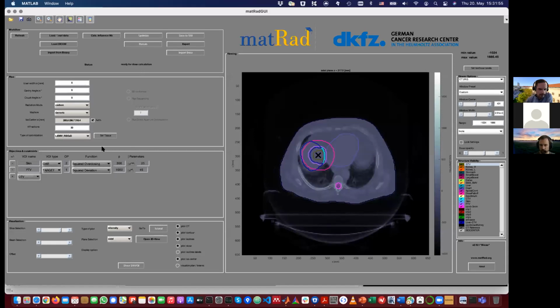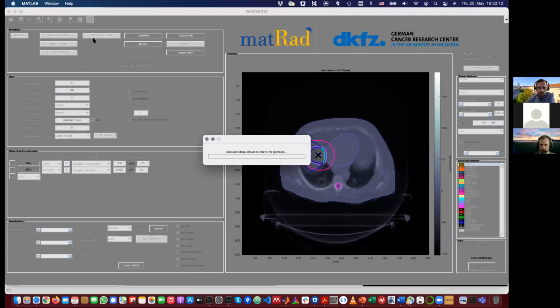I'll change the gantry angle to 330 degrees. I will only use a single beam now. And I will calculate my dose influence matrices. So I am running our dose calculation. You can also call it biological dose calculation.